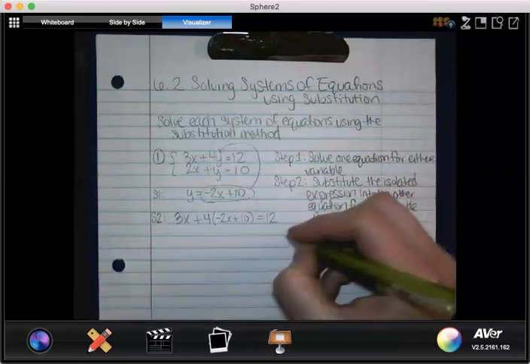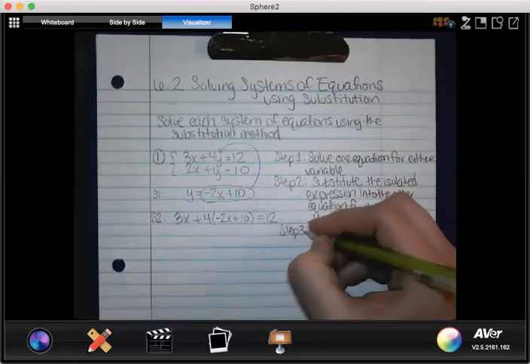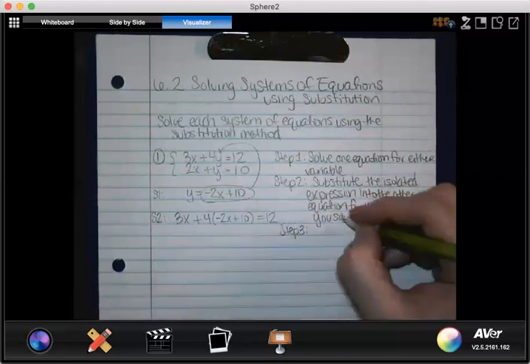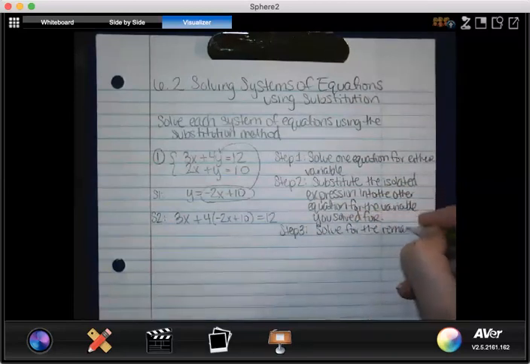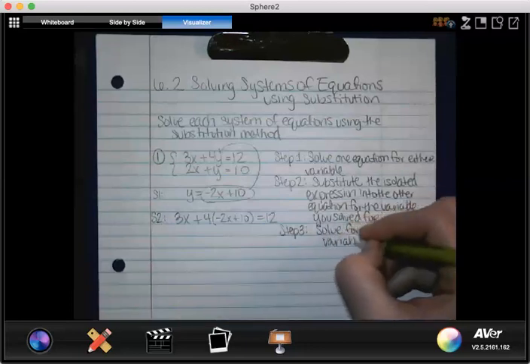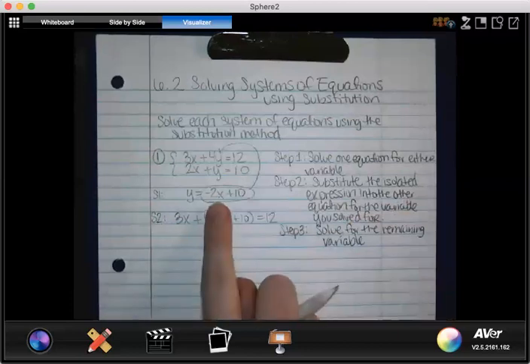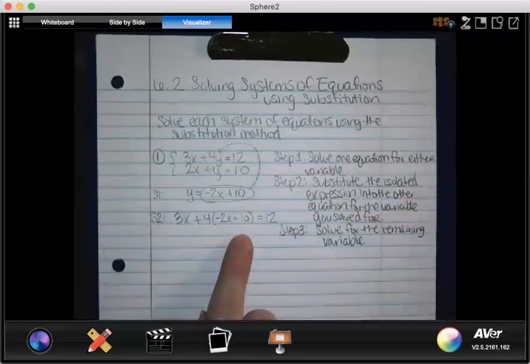All right, step 3. You now are going to solve for the remaining variable. As you can tell, or hopefully can tell, since we substituted our expression in for y, we no longer have a y. So we have x and x, which means I can combine like terms and solve for x.